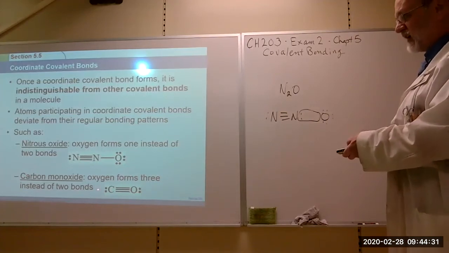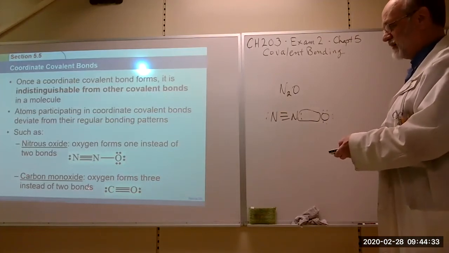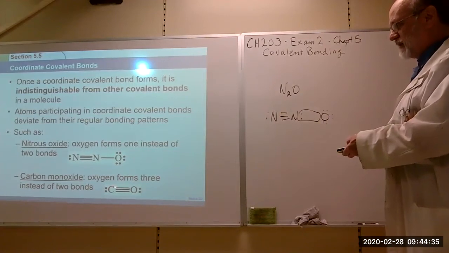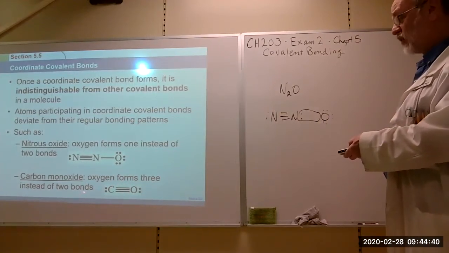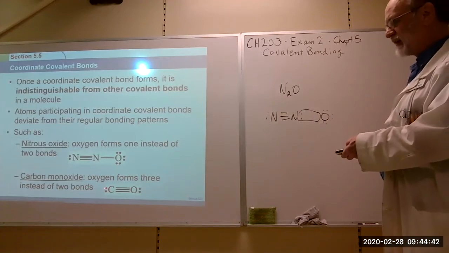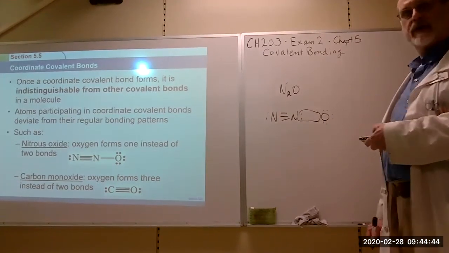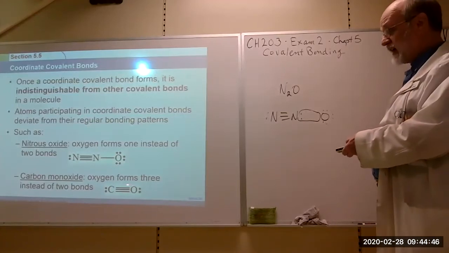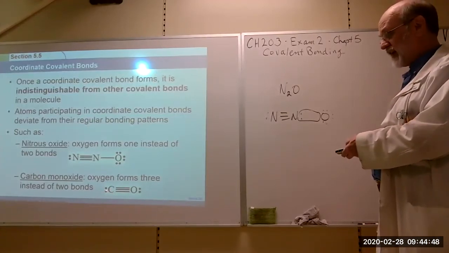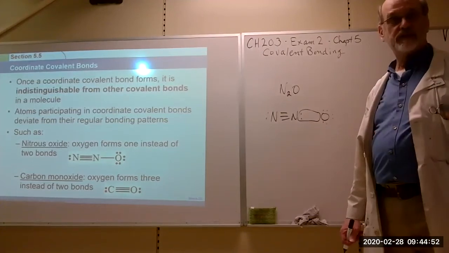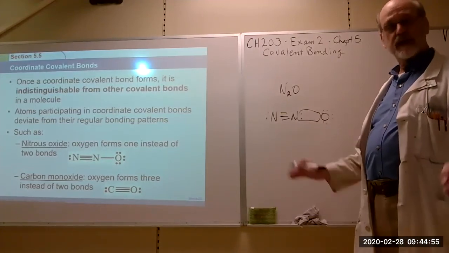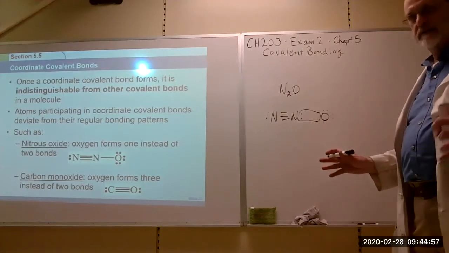Instead of having another oxygen on this side, all we've done is taken that oxygen away and kept those 2 bonding electrons for that carbon. Now in this case, carbon does have 2, 4, 6, 8 valence electrons, but it doesn't have 4 bonds. It's got its octet, but it only has 3 bonds.